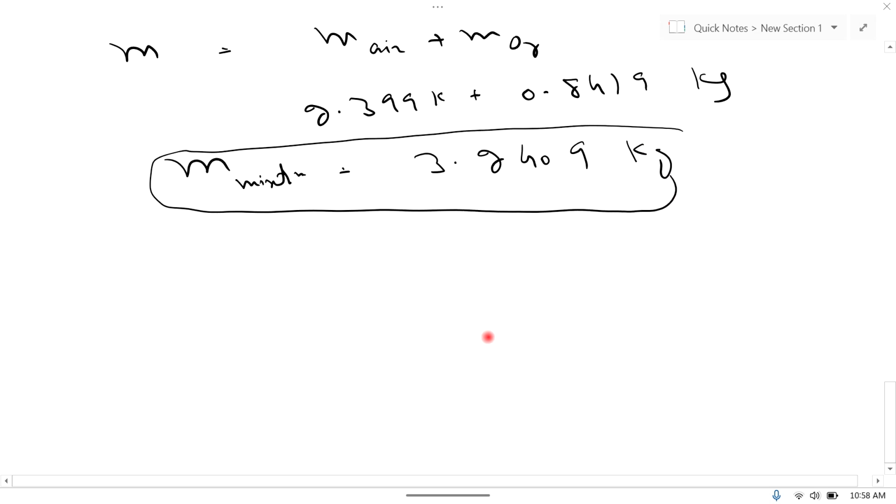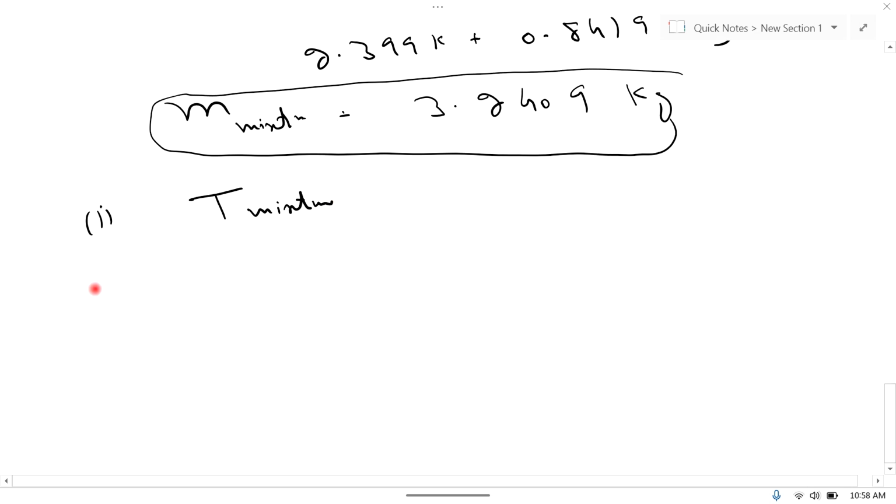Now in the first part we have to find the temperature of the mixture.